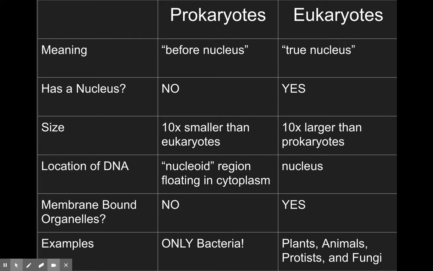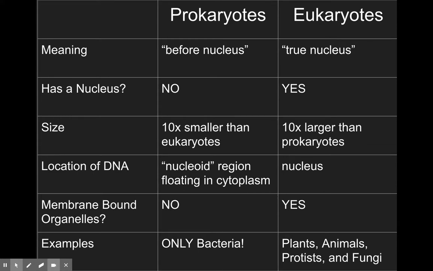As far as size goes, prokaryotes are smaller. The location of the DNA, so we know the big difference between the two is a nucleus. So the DNA is found in the nucleus of a eukaryote, and it's in the nucleoid region floating in the cytoplasm in a prokaryote.